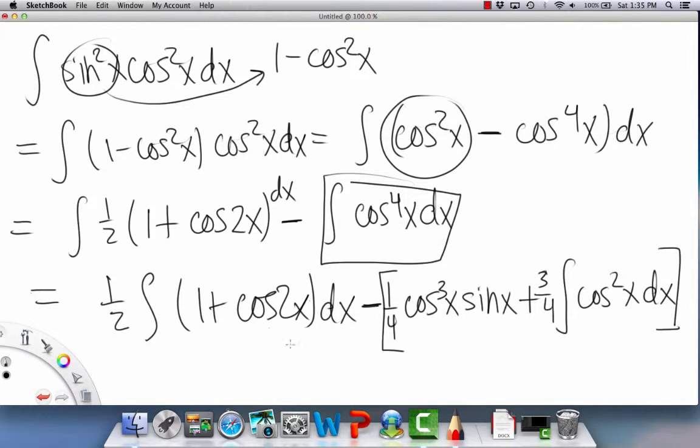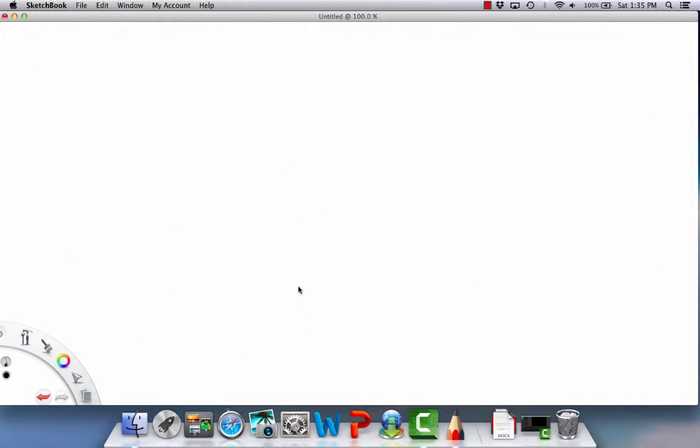Okay, so then for here, referring to the first part, we're going to apply the u substitution. So our u could be 2x, right? And our du is 2 dx, all right? So then going on to the next slide, since I ran out of room.